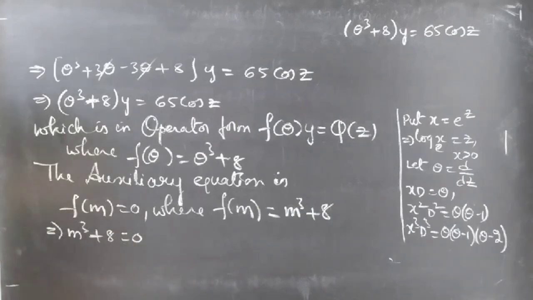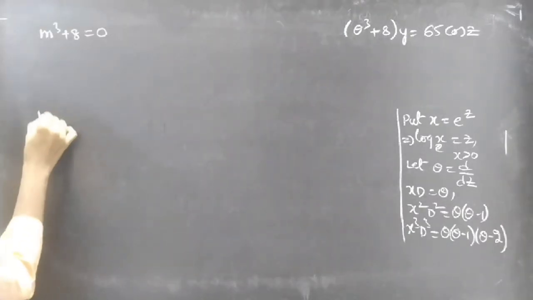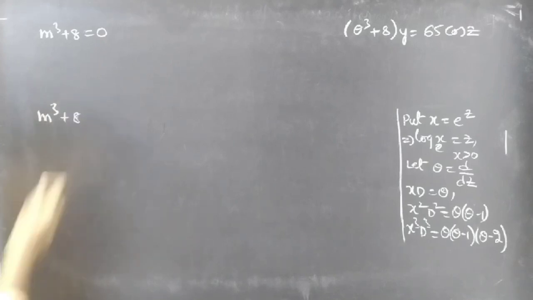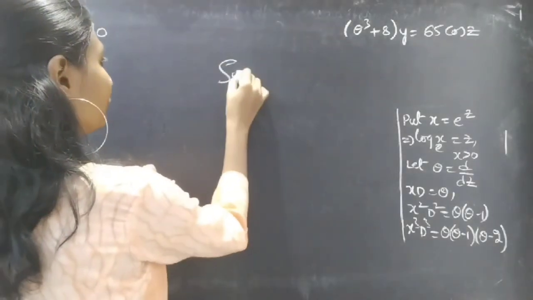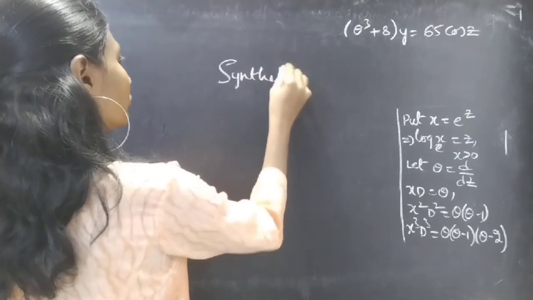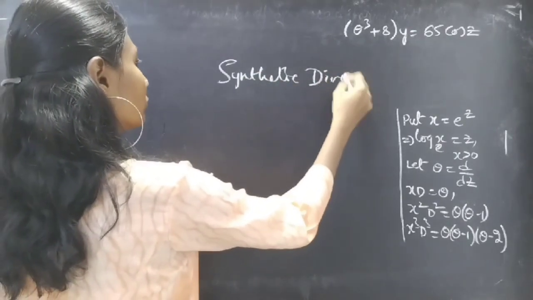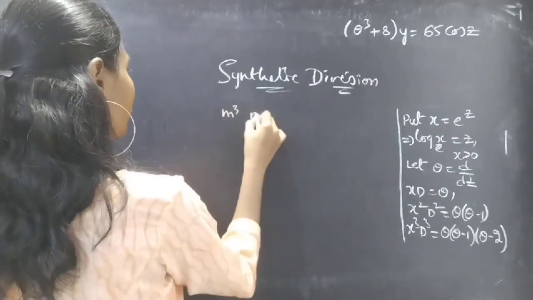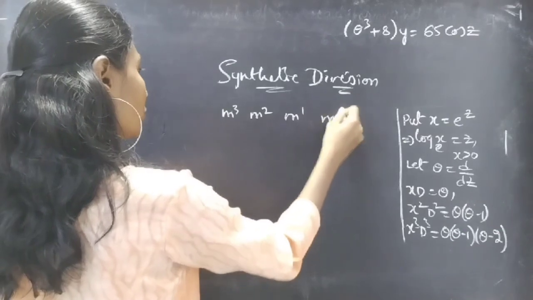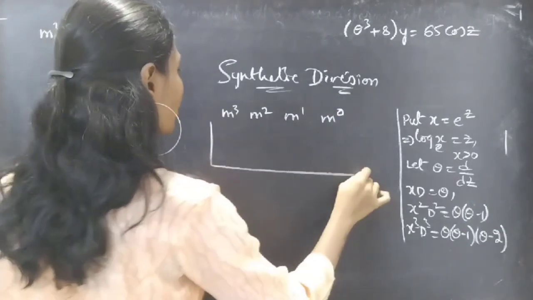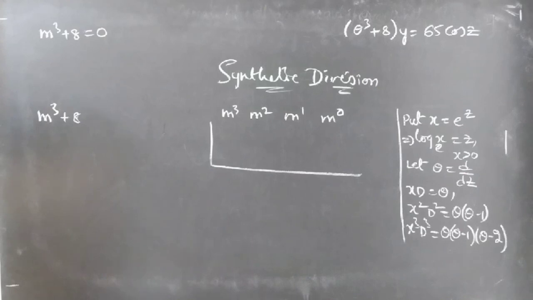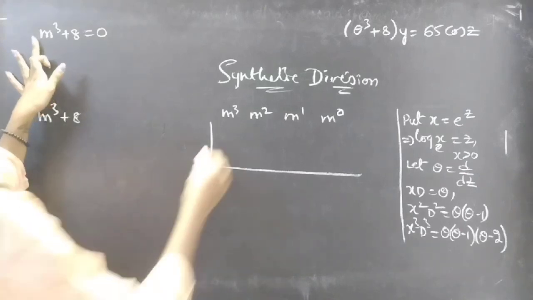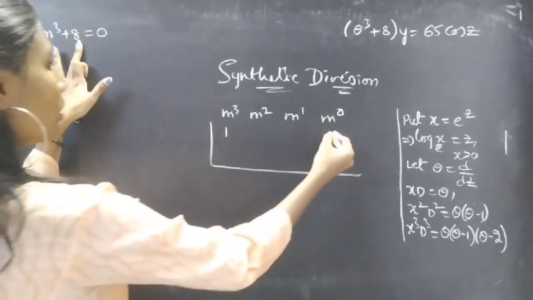Let's now find roots using the synthetic division method. Just consider the polynomial m³ + 8. Let's place the coefficients of m: the coefficient of m³ is 1 and the coefficient of m⁰ is 8.